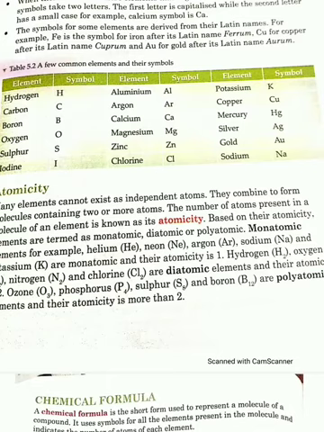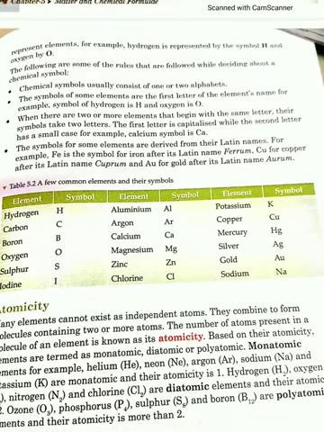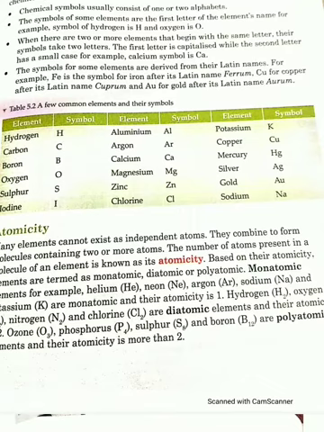The symbols for some elements are derived from Latin words. So the Latin language was used for creating such symbols. A few elements and symbols: hydrogen was given the symbol H, carbon C, boron B, oxygen O, sulfur S, iodine I. Like this, all 118 elements were given different symbols to represent them.